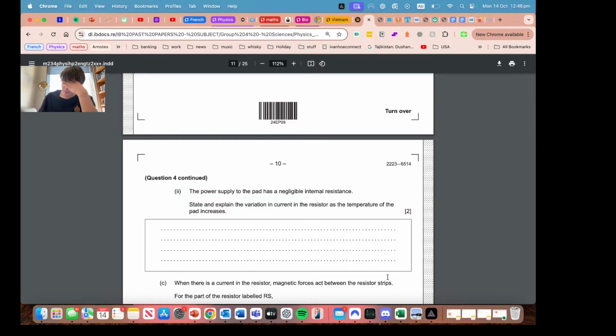If we look at our equals HF. Maybe not. Maybe not. No.